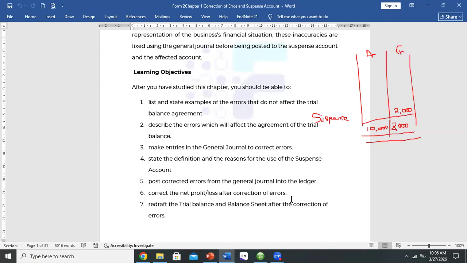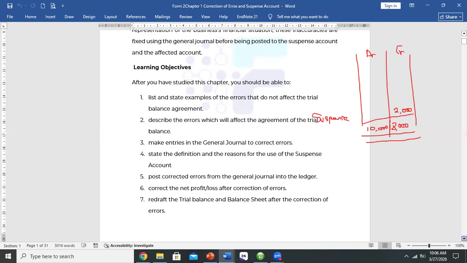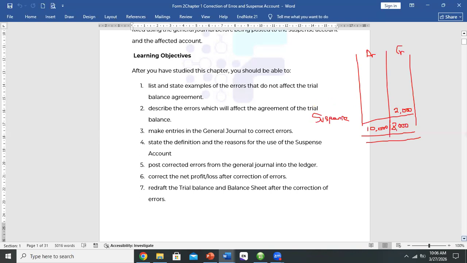For example, if your sales is 2 million and then you made an error and recorded 2.5 million, that error would make your profits overstated, right? So you need to always correct and adjust your profit as well. And sometimes even redraft your trial balance and your balance sheet or your final account. So these are lesson objectives, right?